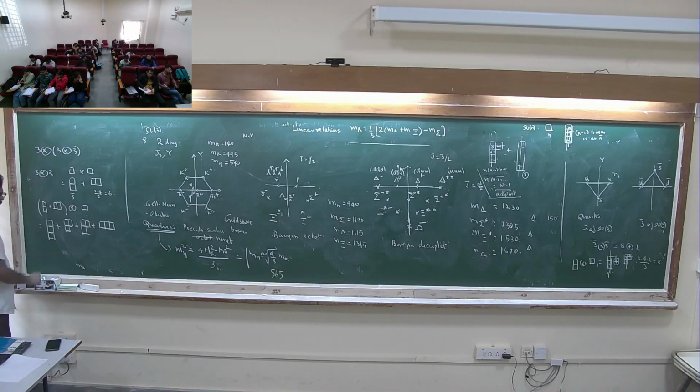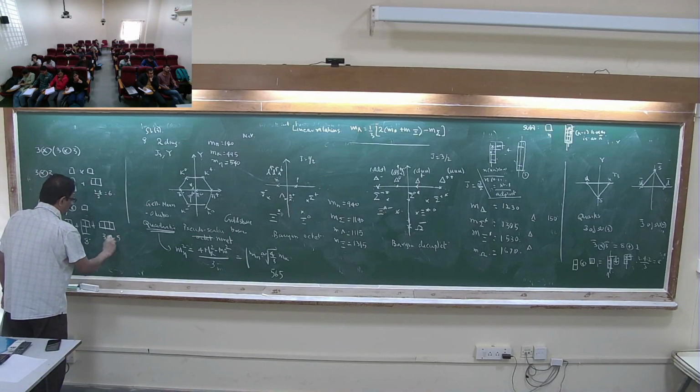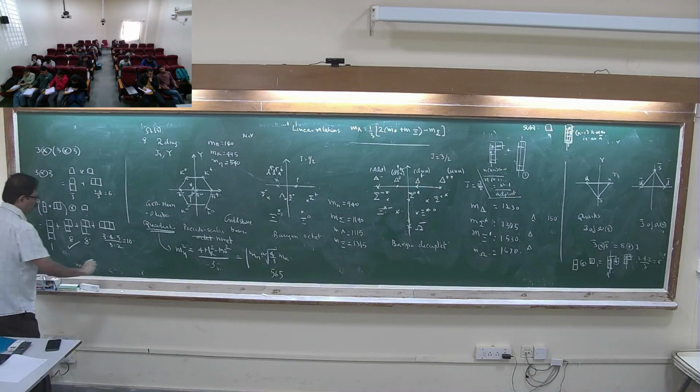Okay. So this we already saw is 1. What did we say this was? 8. And this is 3 times 4 times 5 divided by 3 times 2. So you see, you have got the baryon octet and you have got the baryon decuplet.